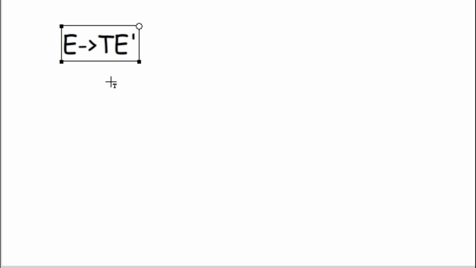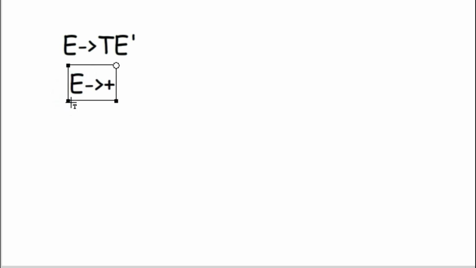We will also check this as we solve an example. So let us take an example. Let us consider a grammar. So this is the grammar. E tends to T E dash. E dash tends to plus T E dash or epsilon.